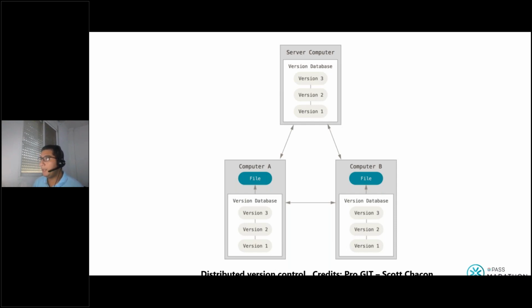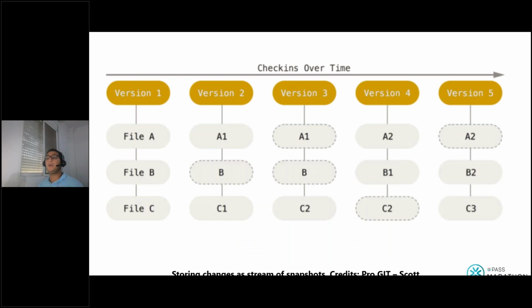It sounds trivial, but in reality, this is so powerful. Why? Because at the end of the story, Git is a distributed version control, and it stores the complete history of every change that we make in our code. How does it work?